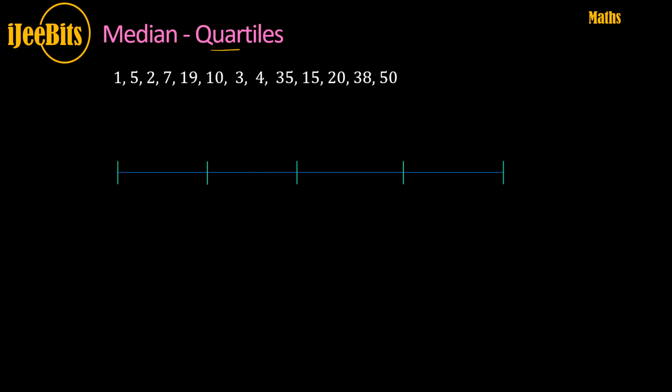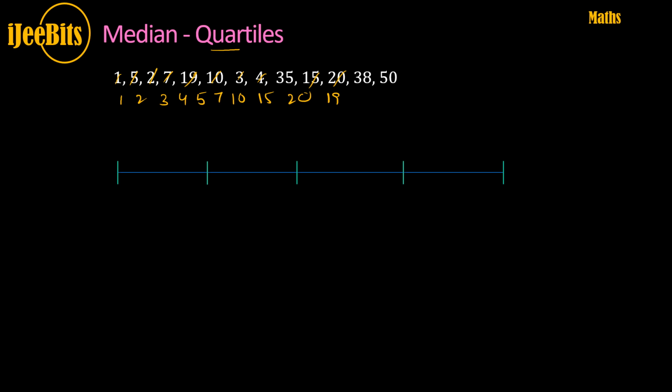So let me put 1 and 2, 3. I'm arranging them in order. 4, 5, and so we have 6, 7, and then 10. After 10, what is it? 15, 20, and then 19.